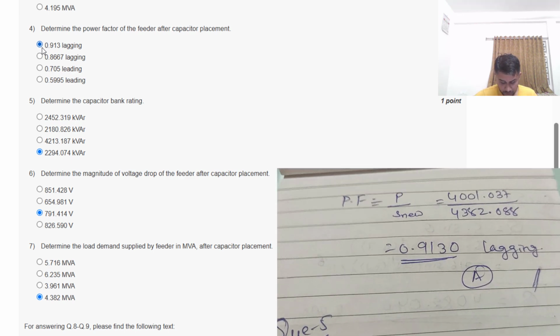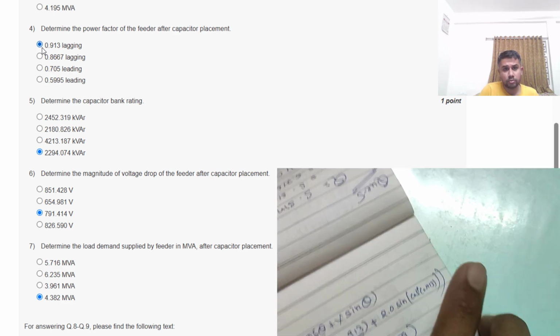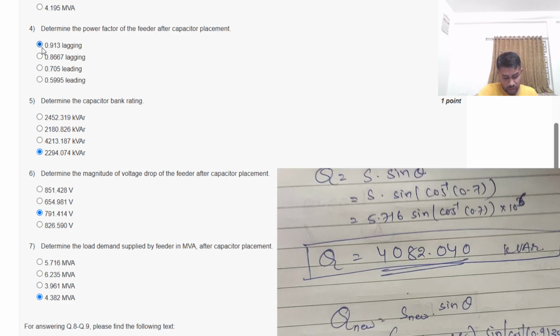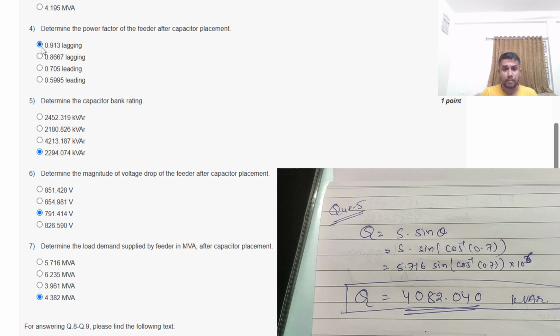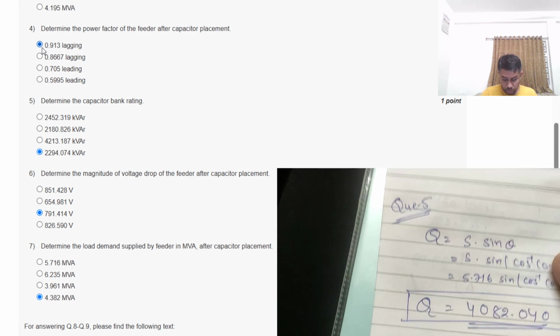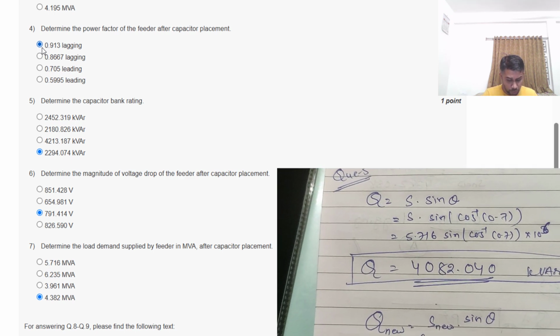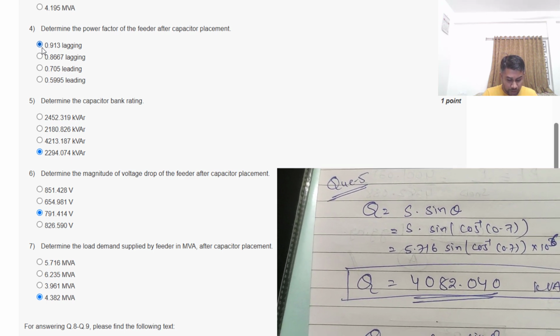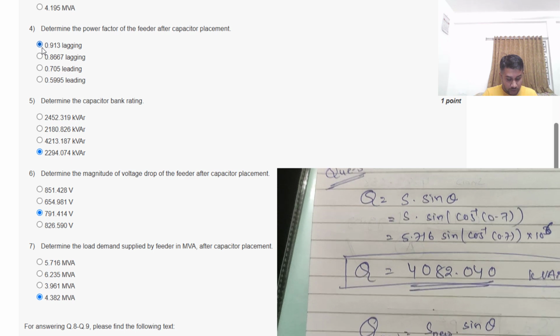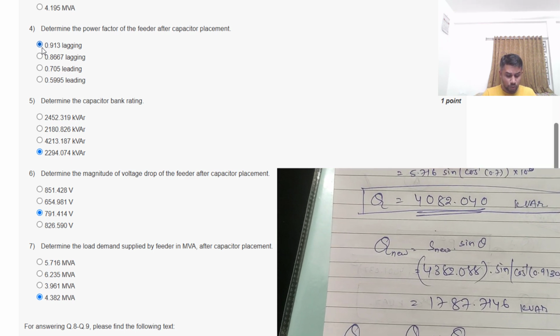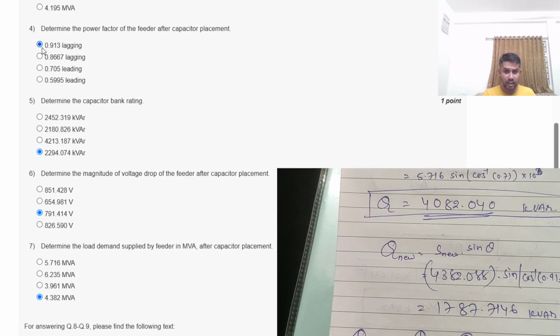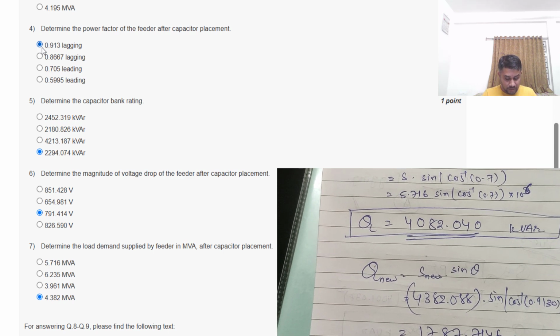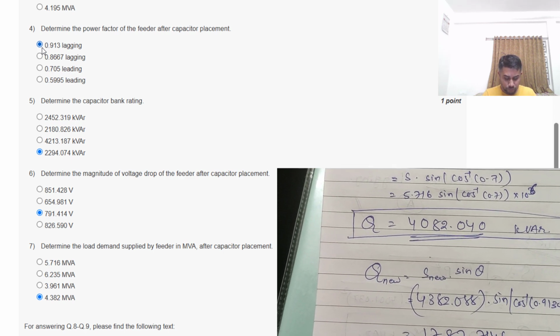Now question number 5. We have to determine the value of the capacitor bank rating. Q equals S into sin theta, so Q equals 4082.04 kVA. Now Q new, that is the new value of the kVA rating, is 1787.7146.